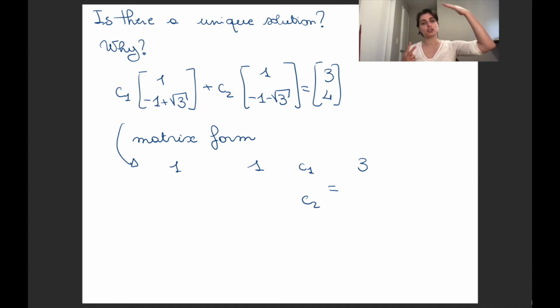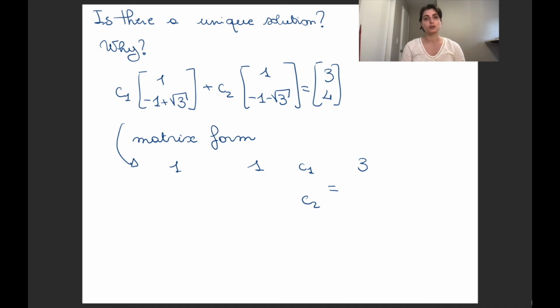We have the restriction given by the first line of this problem, that is c1 times the first component of the first eigenvector, plus c2 times the first component of the second eigenvector, equal to the first component of our initial condition, and the same for the second condition. And why does this system have a unique solution?